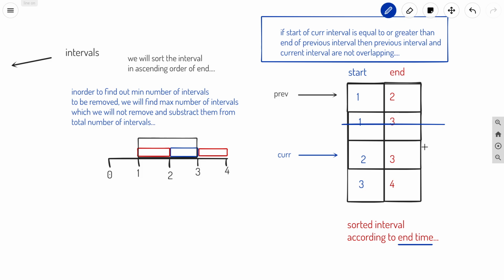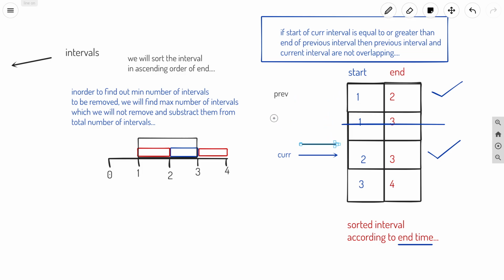So we can keep this interval in our final list, and we will just move on to the next interval. This interval will be in our part. If we are not removing this interval, we will just update the value of previous to this interval.